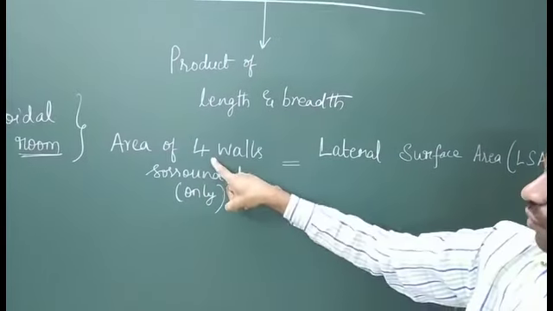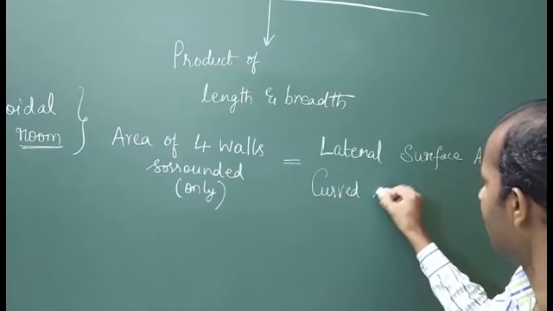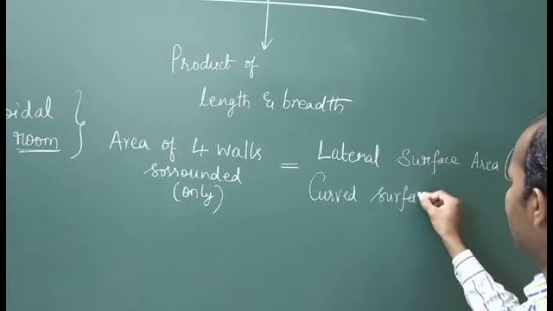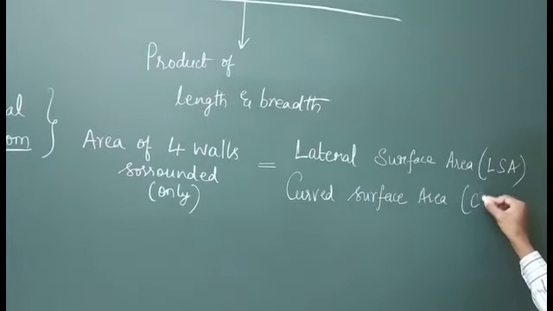Or the area of four walls is also called the curved surface area, denoted by CSA.